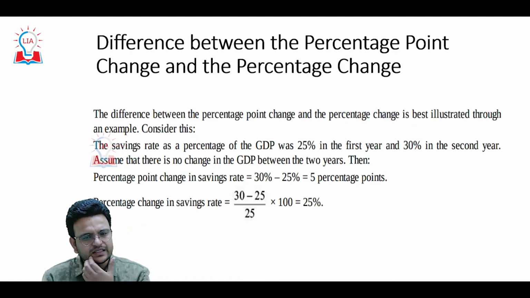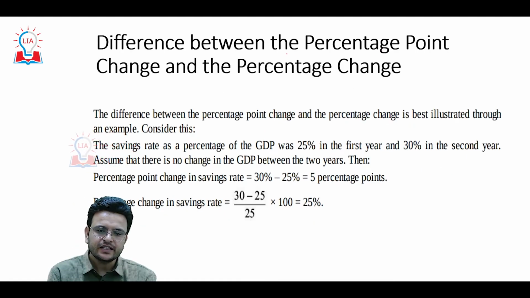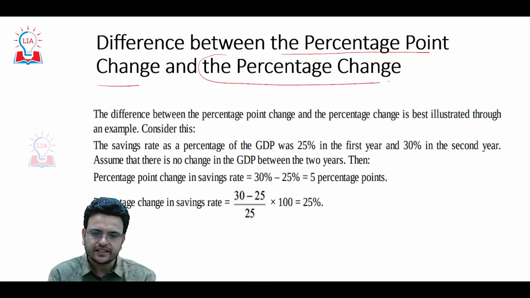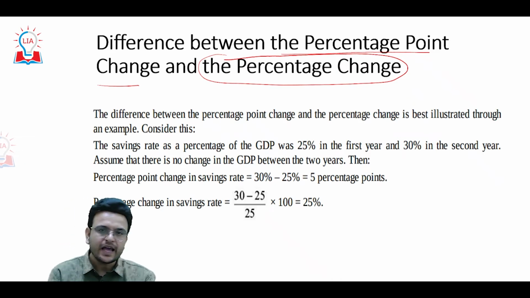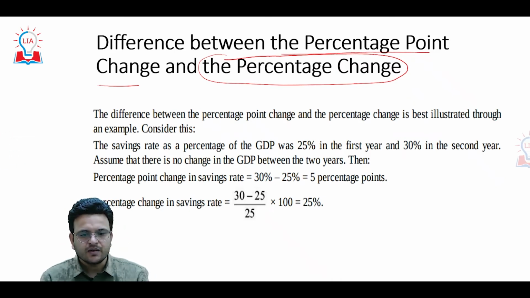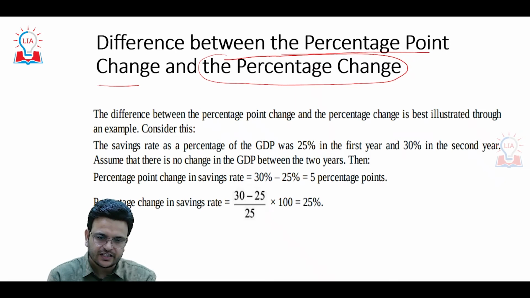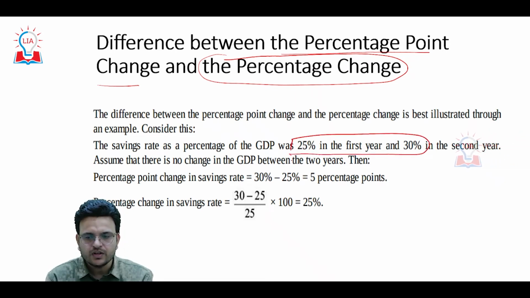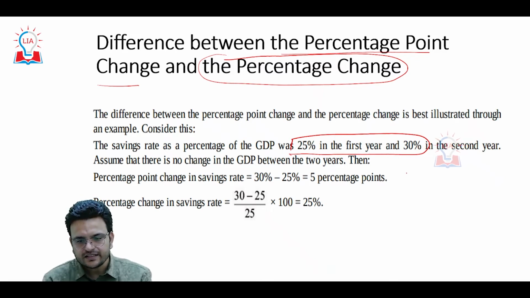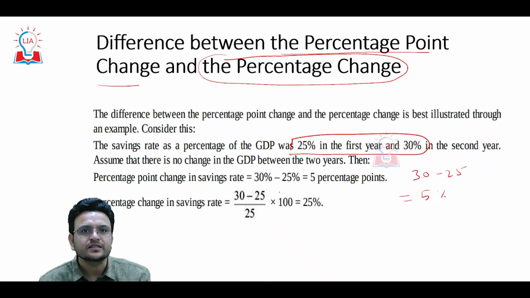Now again, the difference between percentage point change and percentage change. Both these concepts are very important. This will help you again in data interpretation. Consider a rate has increased from 25% to 30%. Percentage point change is 30 minus 25, that is 5%.